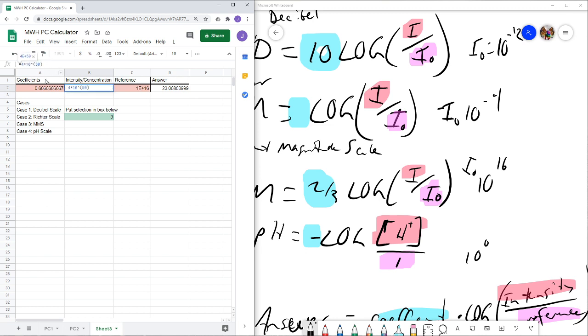So let's just pick about 17, right? So on the moment magnitude scale, if you measure the intensity of 4 times 10 to the 17, you would only have a magnitude of 1.07 approximately. So we'll just play around, see what different intensities give you. So if it was 10 to the 30, notice it's now 9.7.